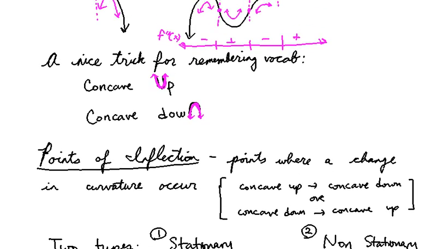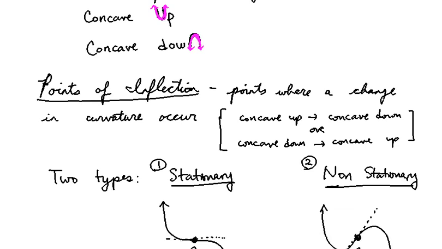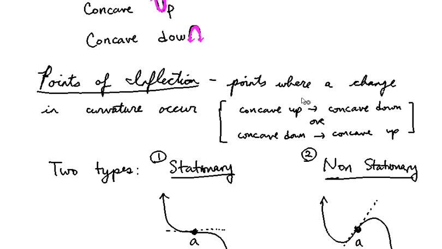Let's move on to points of inflection. If we come back to this, at each of these points over here we had a change in curvature, and each of those points are called points of inflection, or inflection points. You might see this written as inflexion with an X, but it's the same thing.